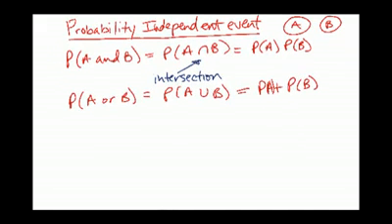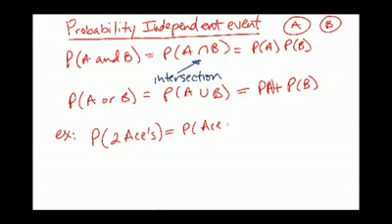Alright, so let's look at a couple examples of that. Basic examples. So if I wanted the probability of getting 2 aces, the way we would write that is probability of an ace intersecting ace.